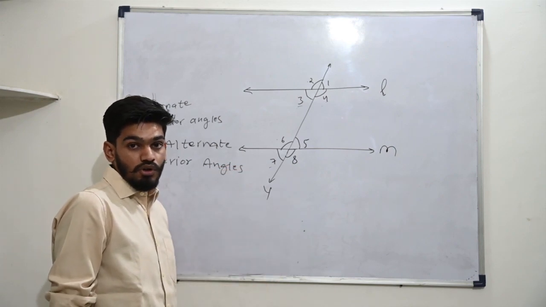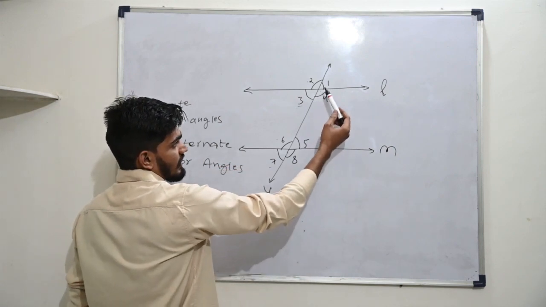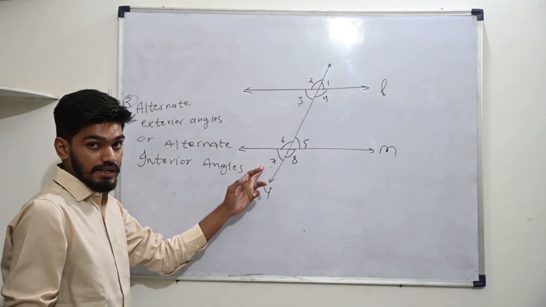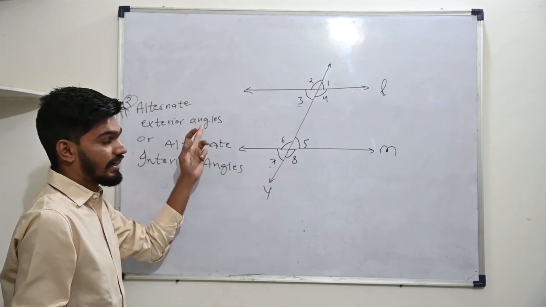So when we talk about alternate angles like angle 1 and angle 7, they are first of all exterior angles as well as they are alternate angles as well.